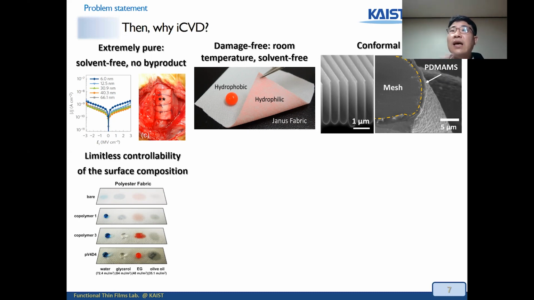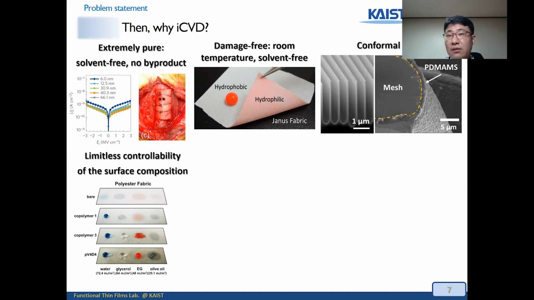So we can mix anything that we want. For example, if one is very hydrophobic with a contact angle of 100 degrees, and the other is fully hydrophilic and readily wets with water, the contact angle will be 0. With this kind of combination, we can freely mix them together, which is very challenging in a liquid phase process.